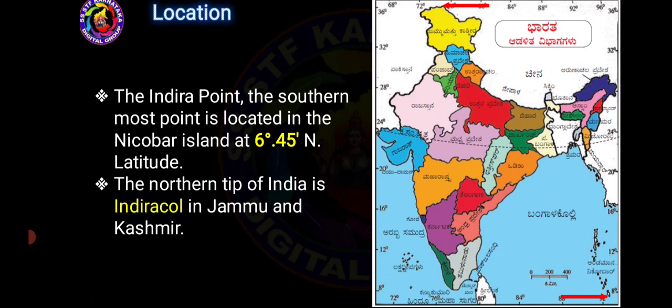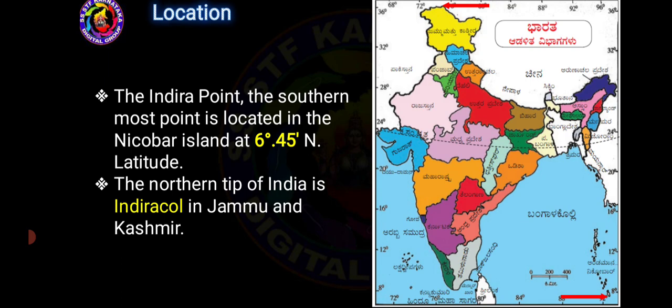So, Indira Point, the southernmost point, is located in the Nicobar Islands at 6 degrees 45 minutes north latitude. Where is it? It is in the Nicobar Islands.